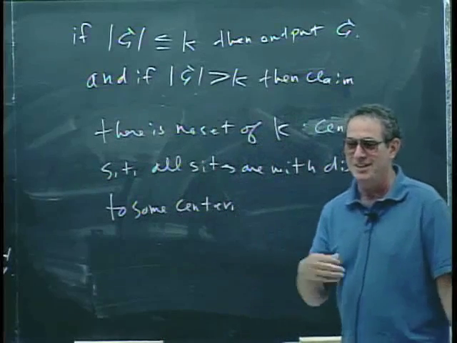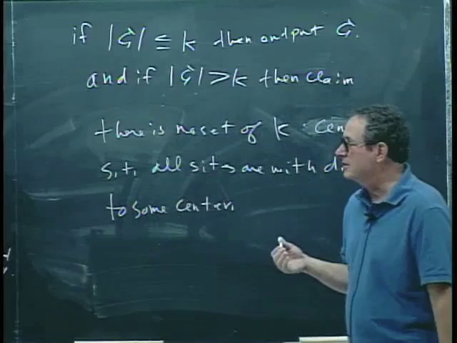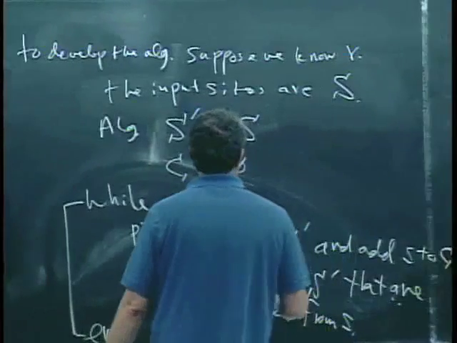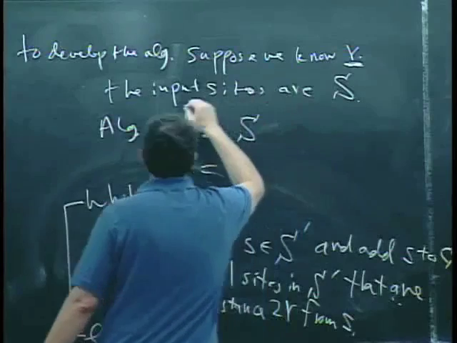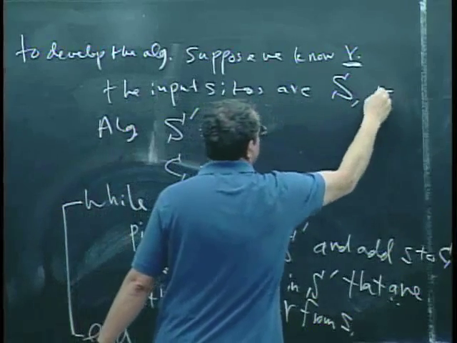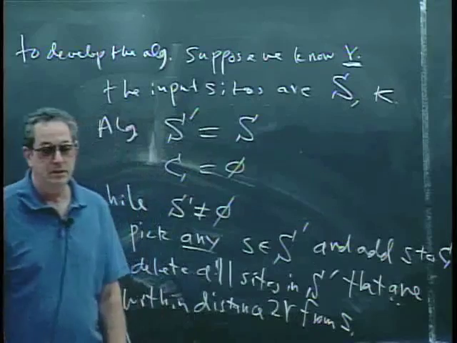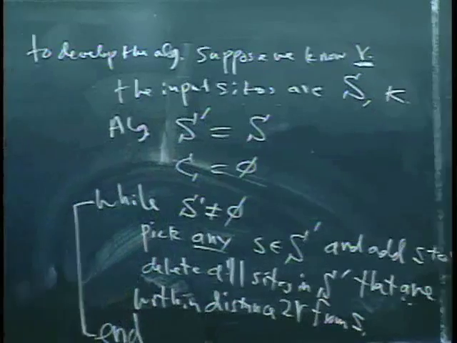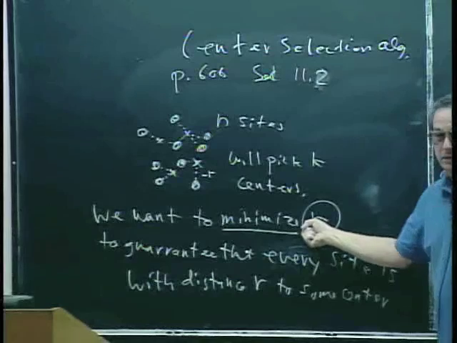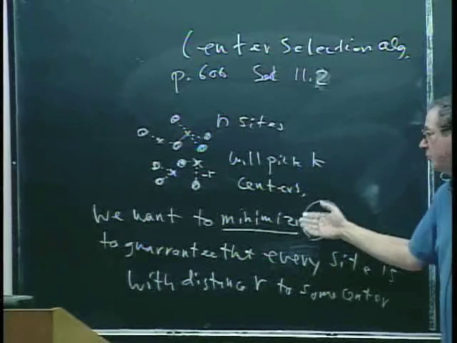Just a side comment. The book starts off by saying, we actually know R. So we're given the input S, R, and then, of course, the target K. And by the definition of the problem, R is a distance that should work.